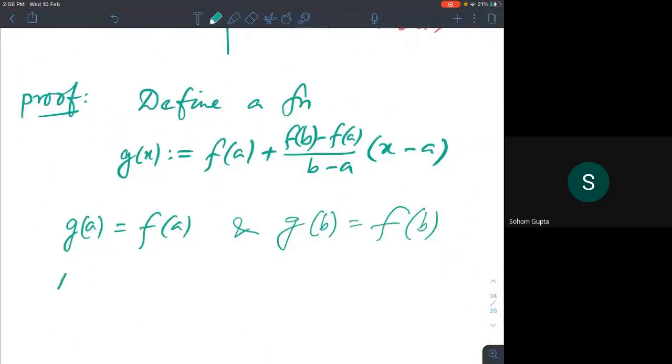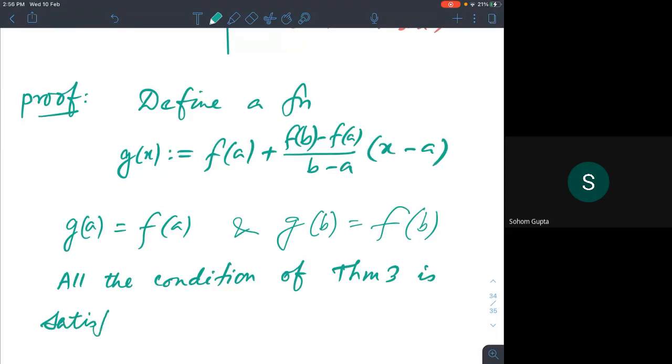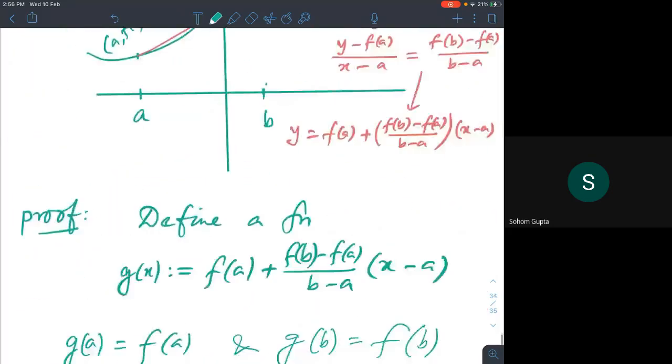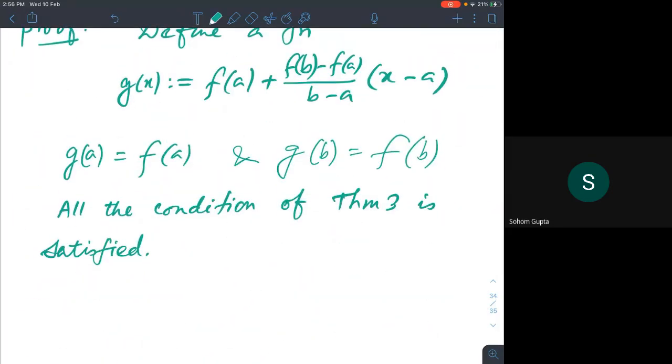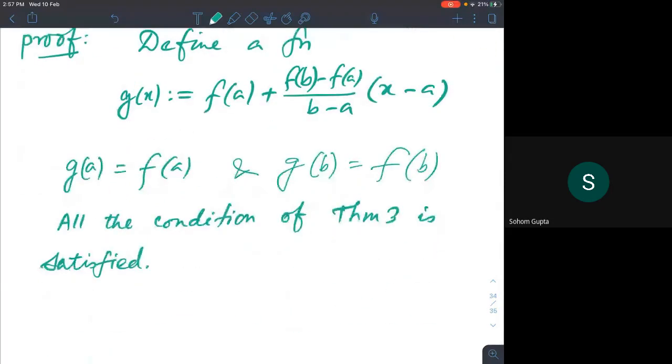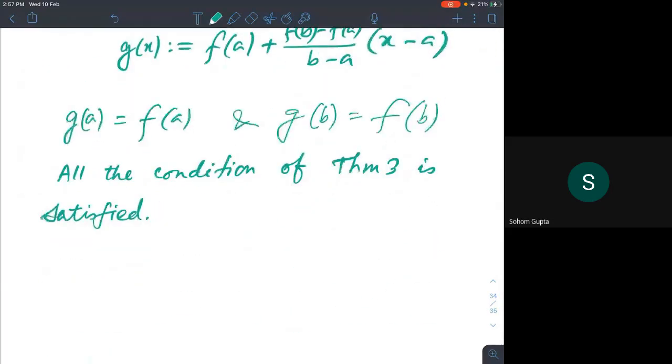Now apply: all the conditions of theorem 3 are satisfied. What are the conditions? F(a) equal to G(a), F(b) equal to G(b), and F and G continuous and differentiable. But this is an affine function, so it is differentiable, and F is also differentiable on the open interval, and both are continuous. So all the conditions of theorem 3 are satisfied.